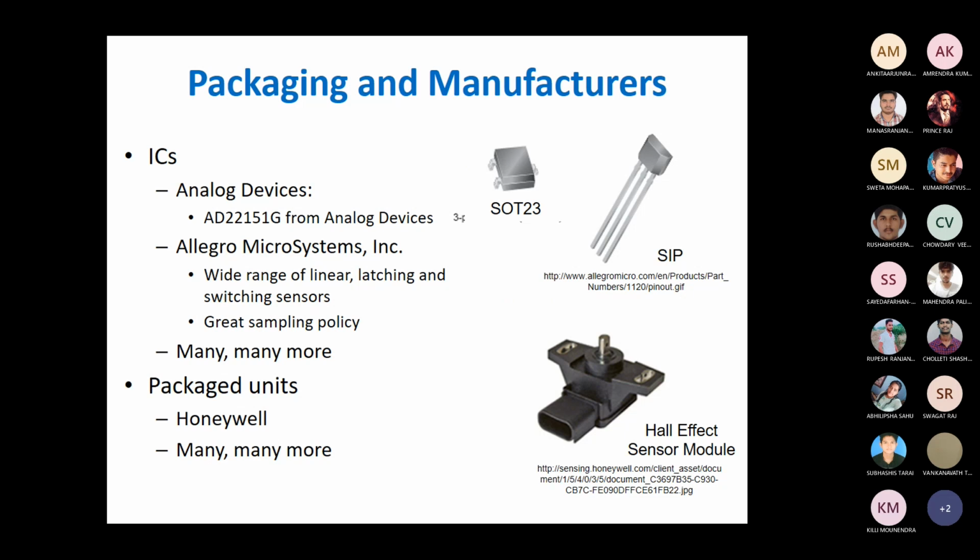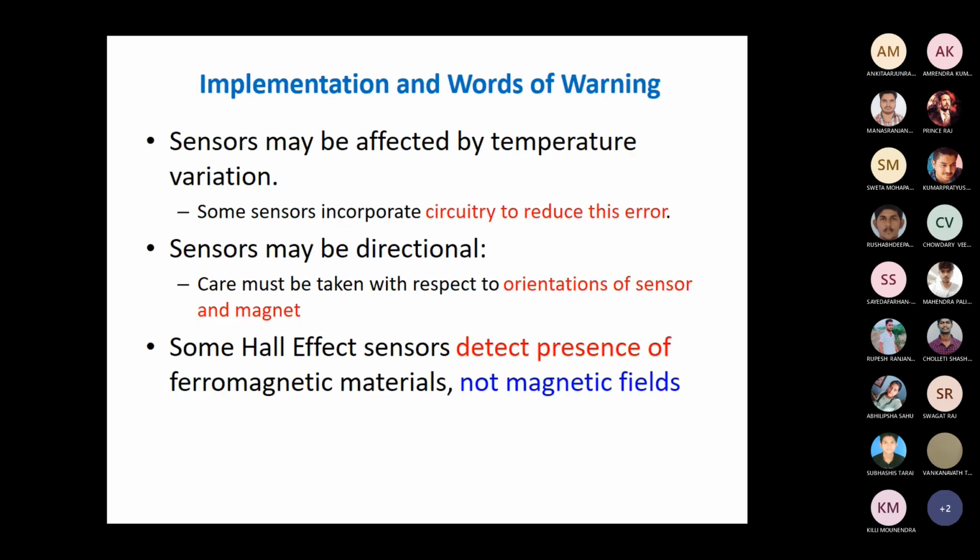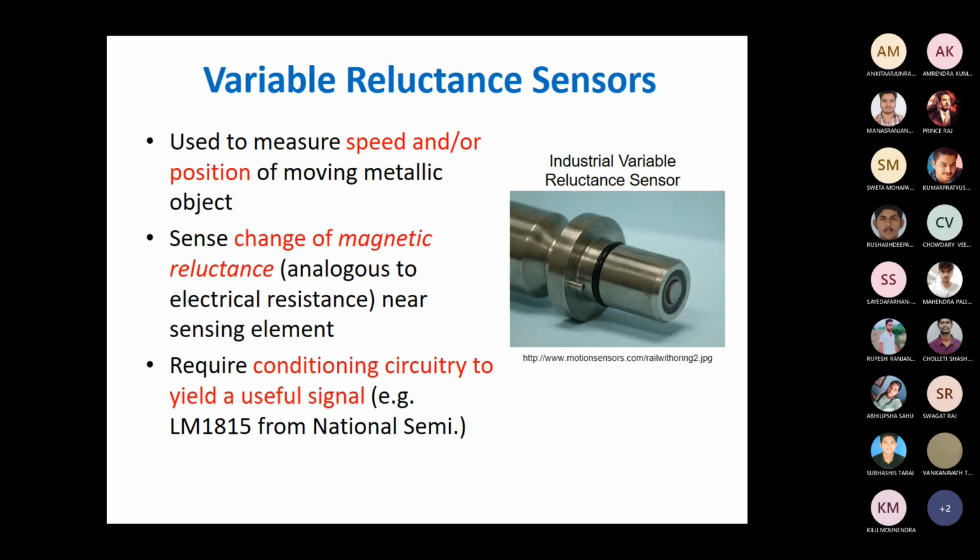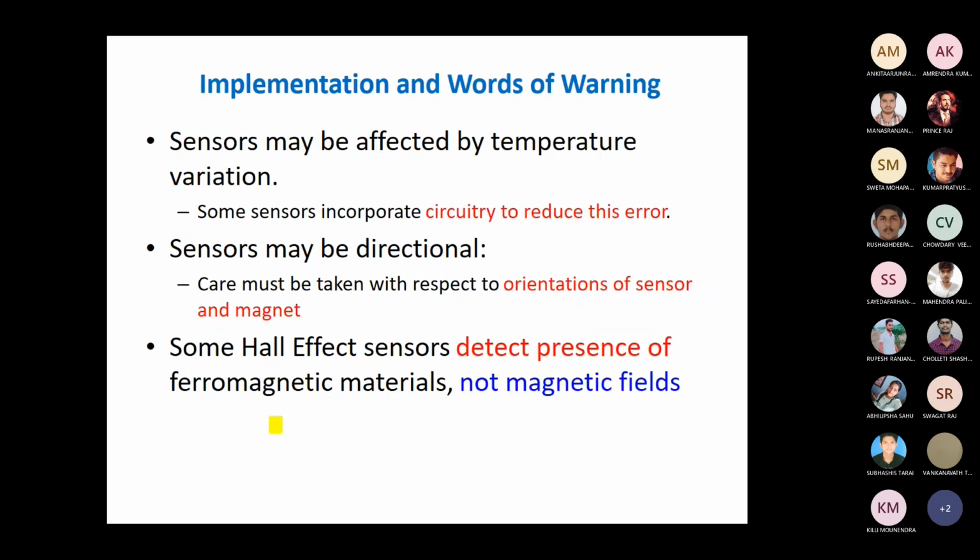Packaging and manufacturing: as per the IC shape and size, they are numbered and manufactured. Different companies are there, like Honeywell, which package and manufacture the sensors. Implementations: normally we implement for sensor temperature variations, where accuracy is critical to reduce the error.